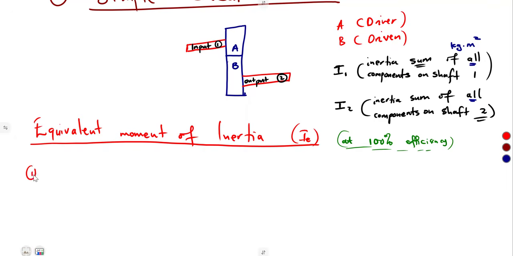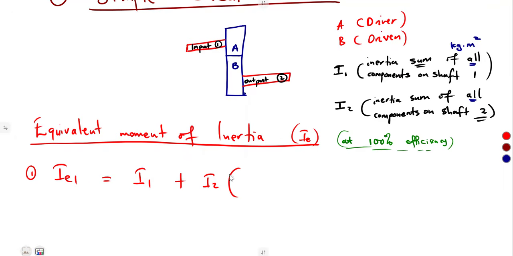When referred to the input, we indicate 1 for that. So it's equal to I1 for the input plus I2 into the speed ratio squared.